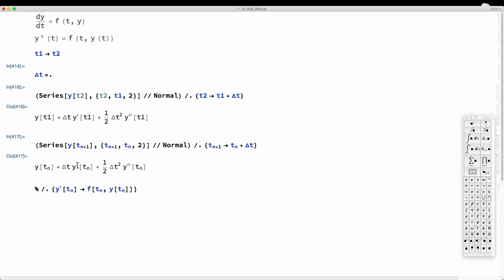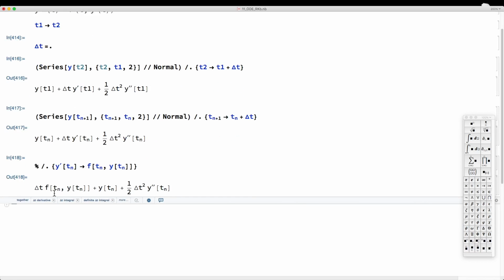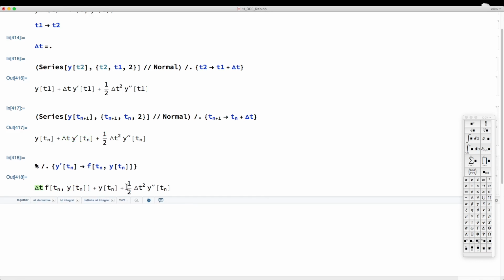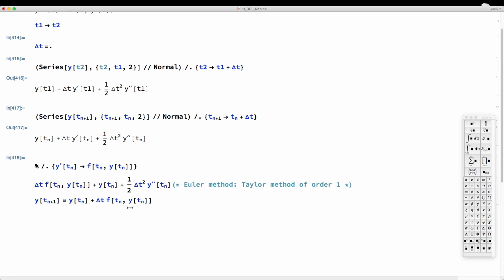Let's replace this derivative with f of tn and y of tn, and we arrive at this scheme. We have yn plus this correction, which is the first order correction from the Taylor expansion that's linear in delta t. And then there are corrections of higher order, which at leading order we can ignore. So this leads us, as I said, to the Euler method.